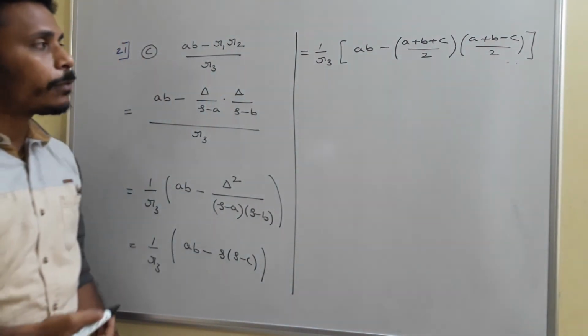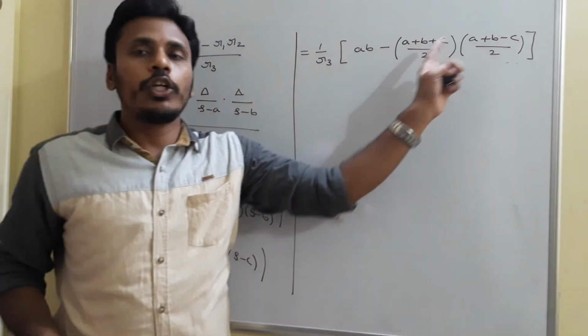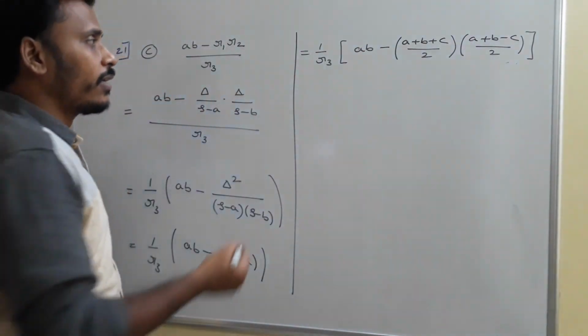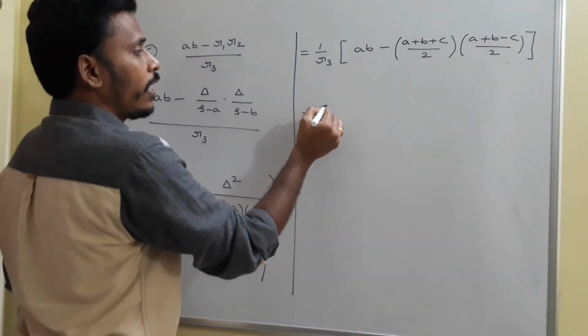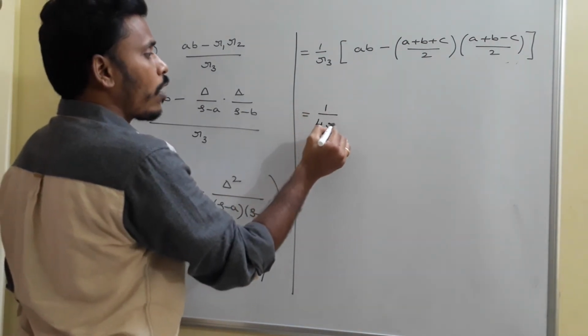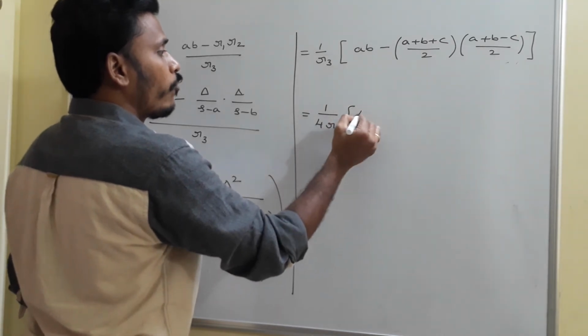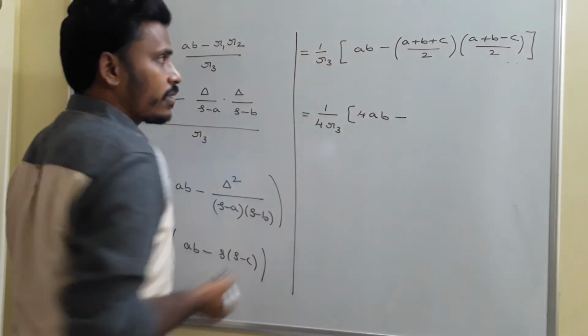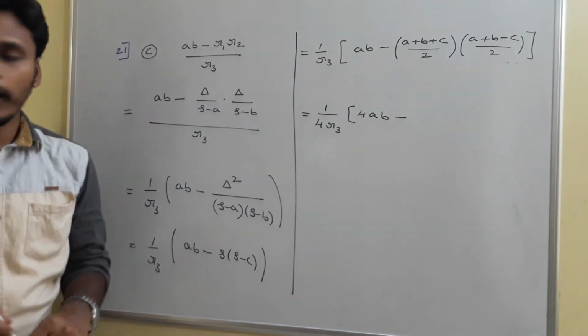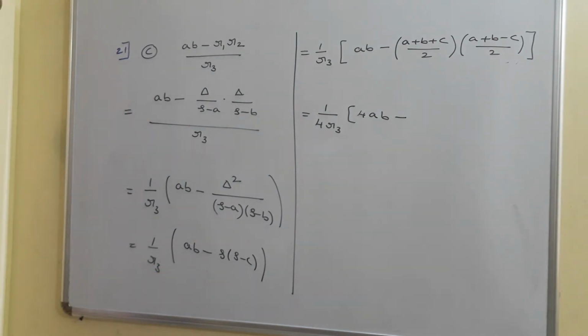That part we need to simplify. 2 into 2 is 4, you just take that common, and the next step we have 1 by 4R3, and in the bracket, 4AB minus A plus B plus C into A plus B minus C.